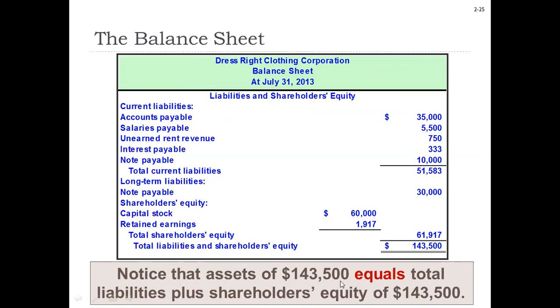And again, notice that the balance sheet is the summary of the accounting equation. Assets equals liabilities plus shareholders' equity. By the way, shareholders' equity and stockholders' equity are synonymous terms. They're used interchangeably.